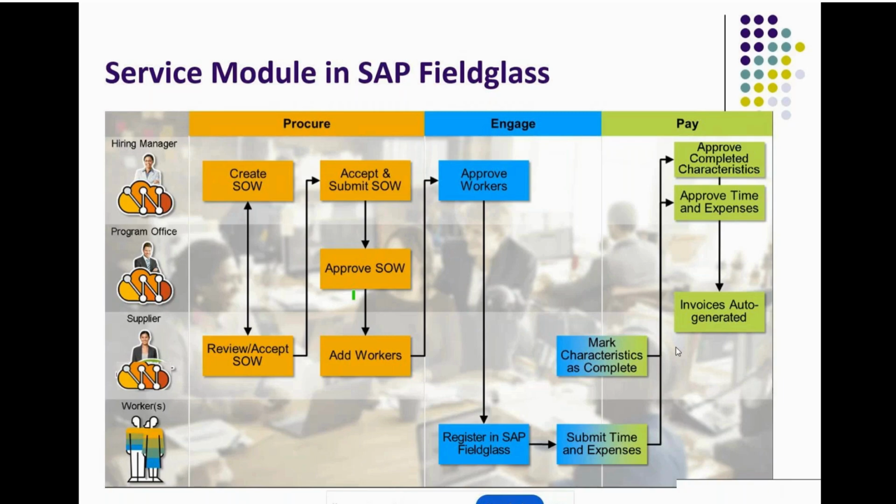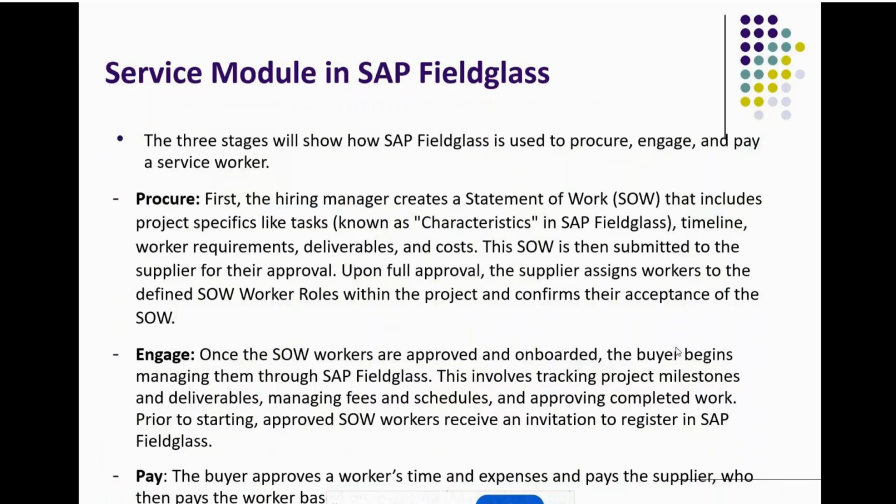MSPs are generally commission based. So if the supplier is getting 100 rupees, it pays 5 rupees to the MSP to find the correct candidate for the position if they don't have one. This is the way the third party MSP works. Clear? Clear. Yeah.